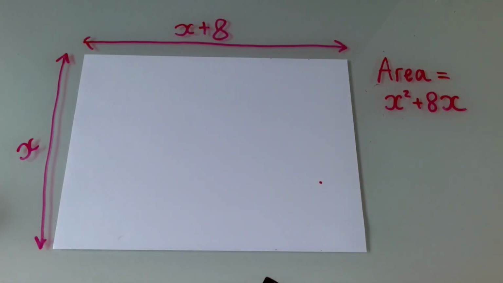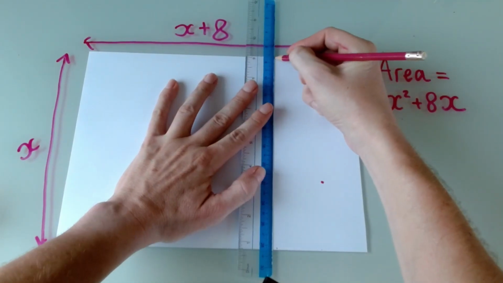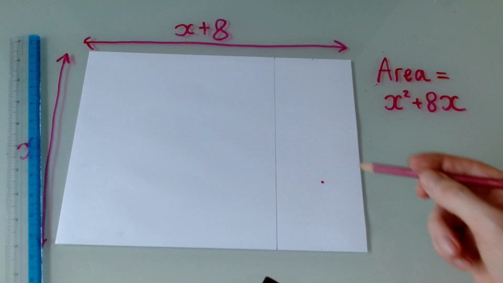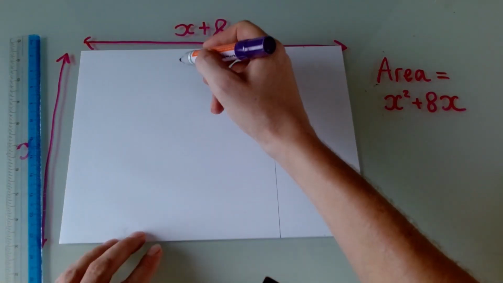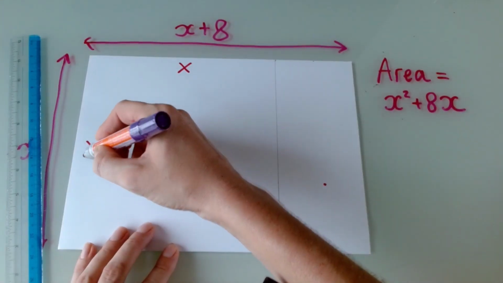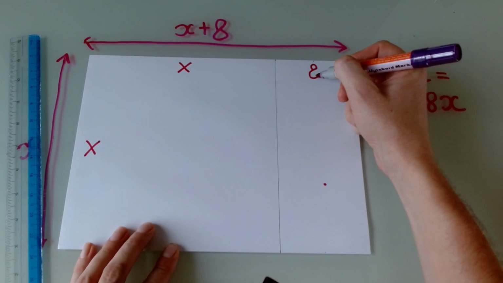So first of all, I'm going to split the long side into x and 8. Now this side is going to be x, and that one is x. Now what is remaining is 8.